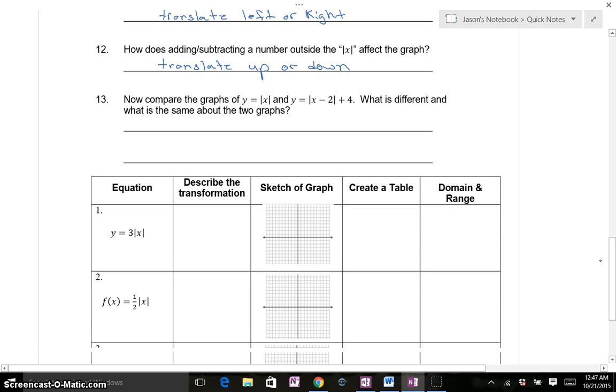Alright, well, the first graph is the parent function. So what is different about it? Well, one of them is going to move. Let's put different. Okay, one of them is going to move right 2 units, and up 4 units.